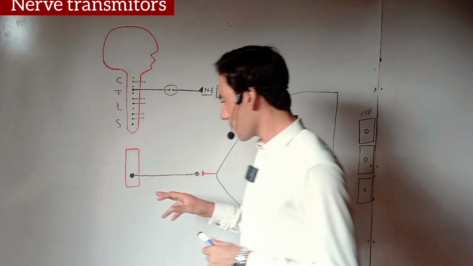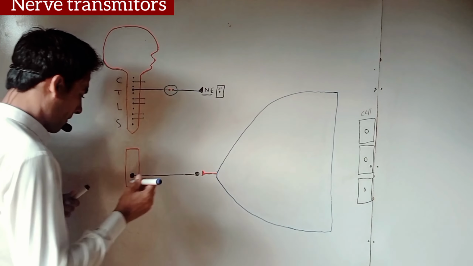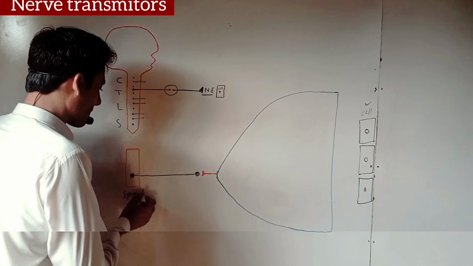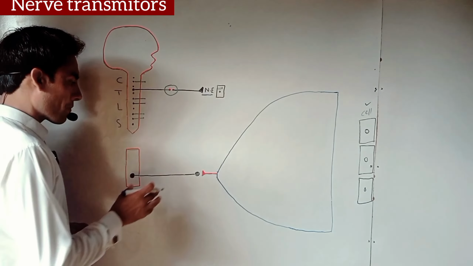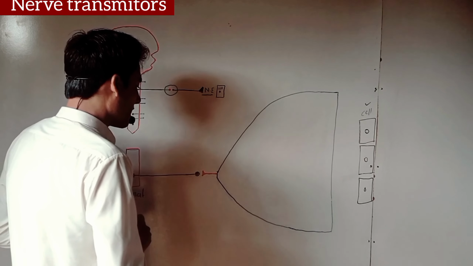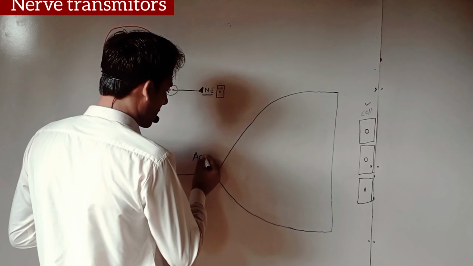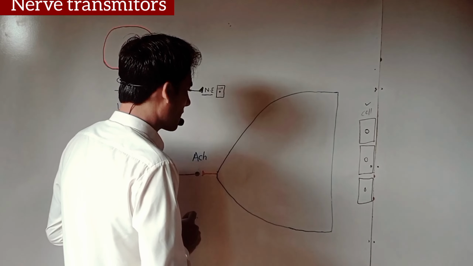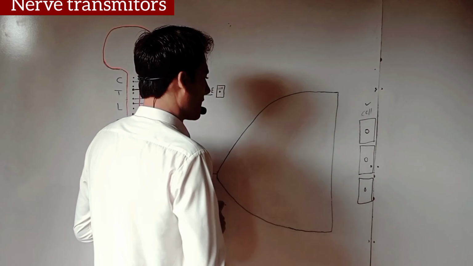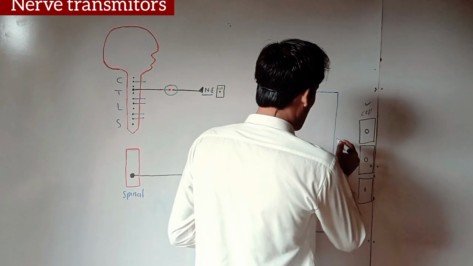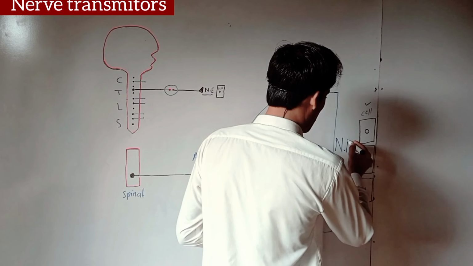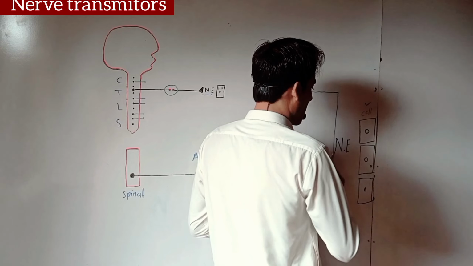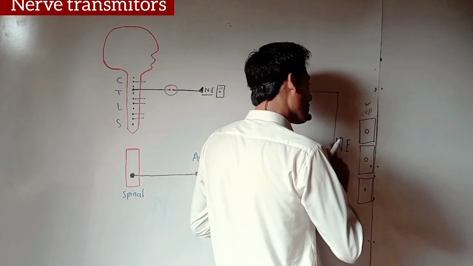Let's suppose this is the spinal cord, and this is the preganglionic neuron that releases acetylcholine, and this is the postganglionic neuron, and this is the nerve ending, which releases norepinephrine, and these are the target cells on which norepinephrine acts and produces action.